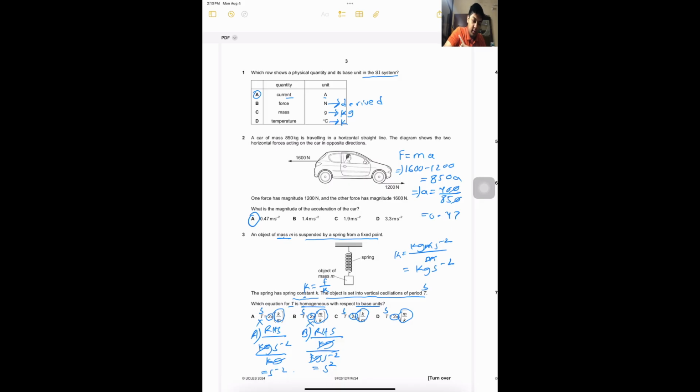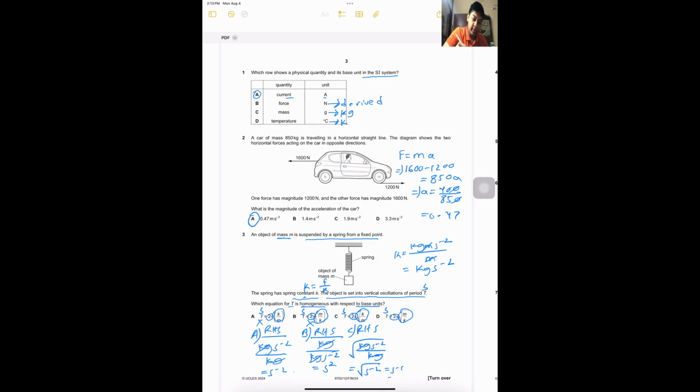For C, on the right hand side, we have a root this time. So the root of kg s minus 2 by kg, which is s to the power minus 2, which when we root would be s to the power minus 1, which is also not equal to s.